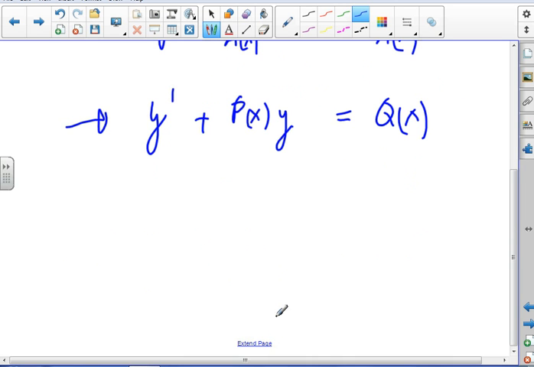Once I have it in that form, P of x and Q of x must be functions of x only. So P of x can't have any y's in it, and Q of x can't have any y's in it.